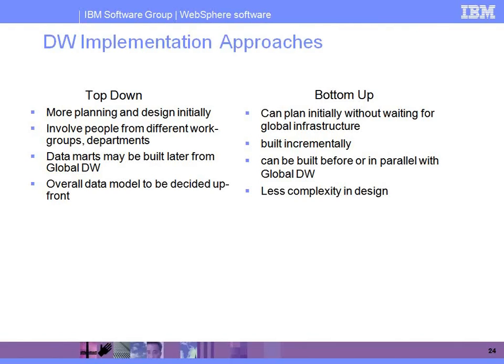But in terms of data consistency and accuracy, the top-down approach will provide good data because we are taking the help of different individual department people. When it comes to the bottom-up approach, data redundancy will be there. Sometimes the same data may reside in two or more data marts, and there may be inconsistency between data marts as well.